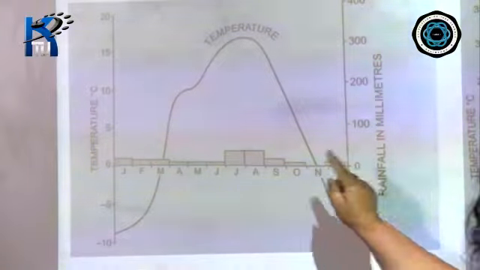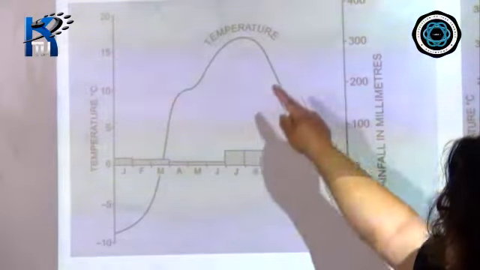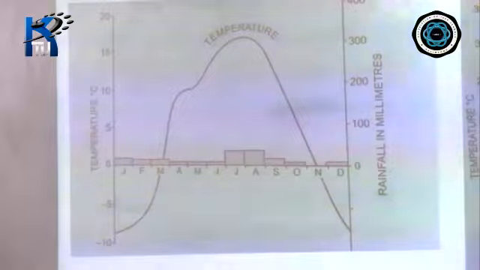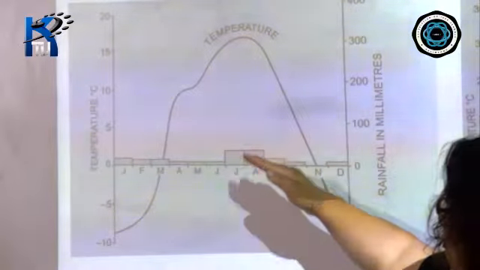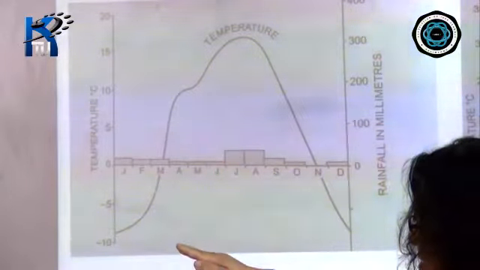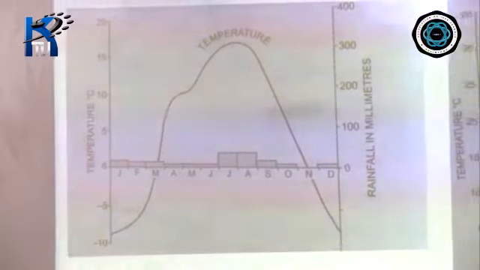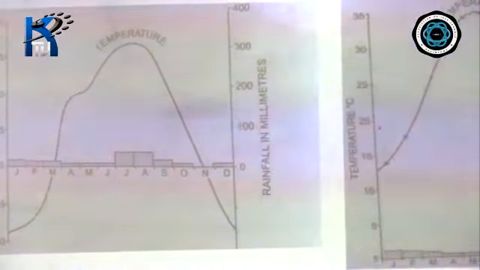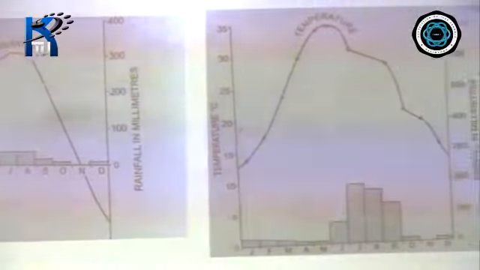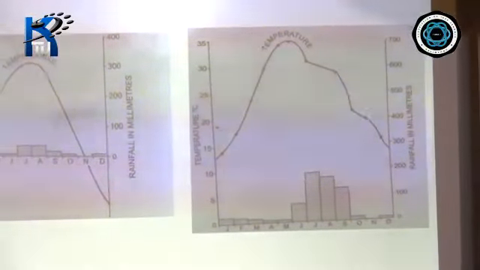So looking at the rainfall and the temperature line, and this temperature line is going below also, -5, -10, -15, it's going down, you can conclude that this graph is telling you about a station called Leh.